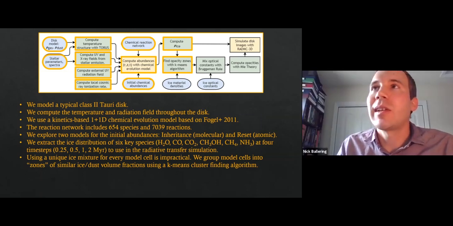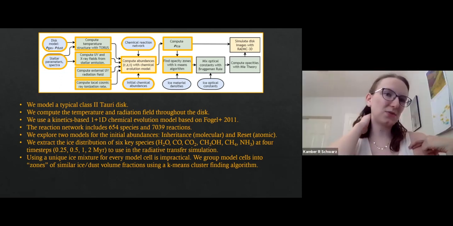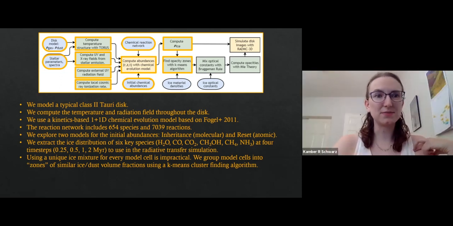This was the standard one, or Ilse's standard one, which is a little bit lower than some other standard ones. I don't remember the exact number, I'd have to check again. It's of order 10 to the minus 19 per second per H2.